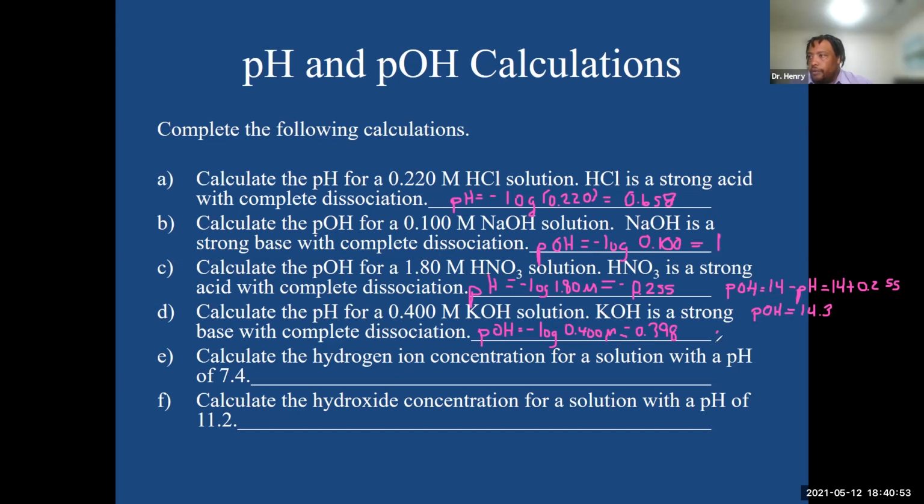And then pH is going to equal 14 minus pOH, so 14 minus 0.398, which is 13.6. Yeah, that's what I got too.